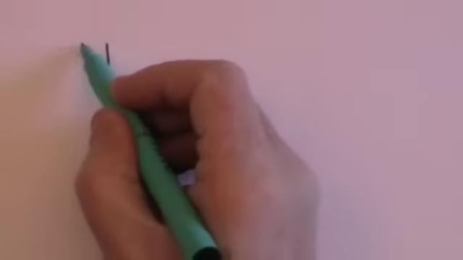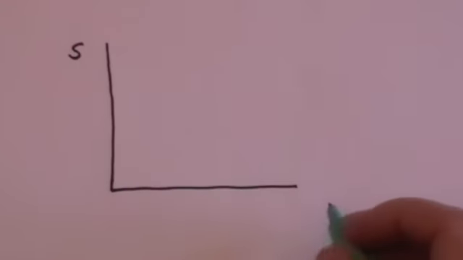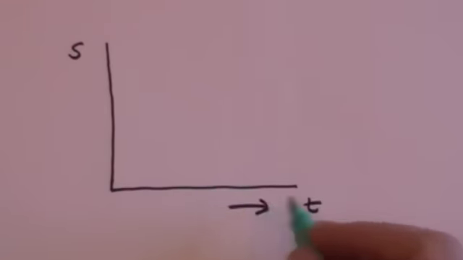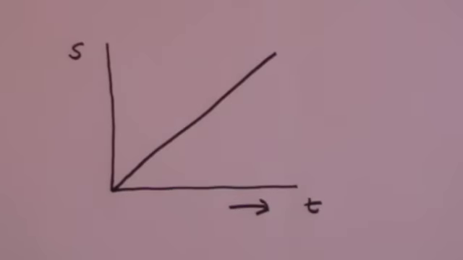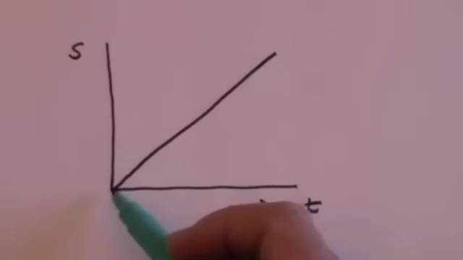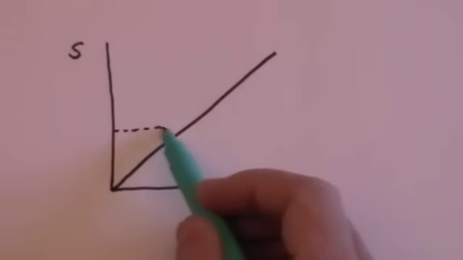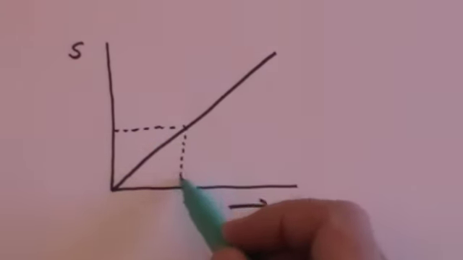But before we go on to other Suvat equations, let's first think about a distance-time graph. This is distance in this direction and time travelling in this direction. And supposing I draw a line that represents distance against time, so that you are travelling a certain distance in a certain time.